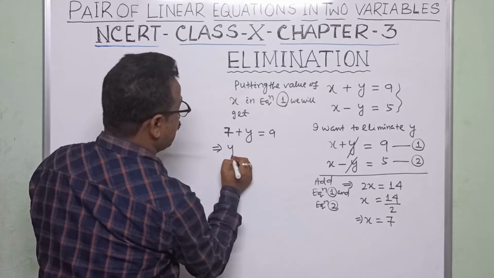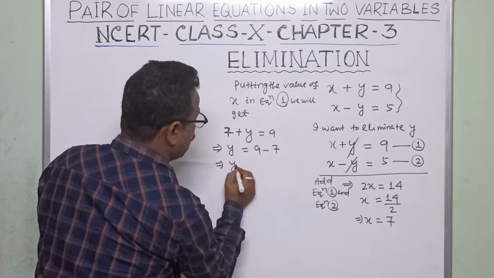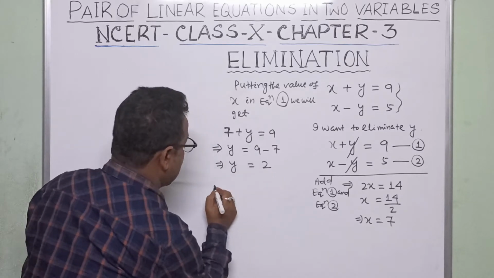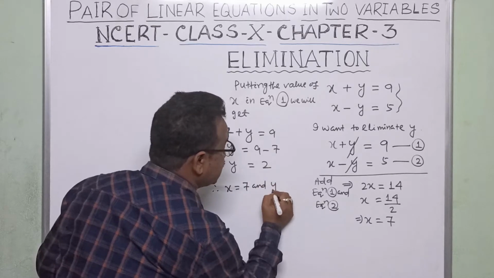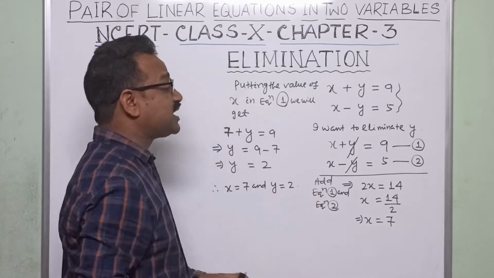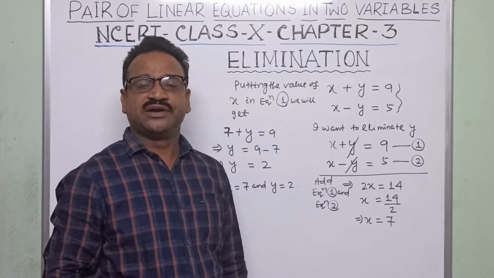That implies y is equal to 9 minus 7, that implies y is equal to 2. Therefore x is equal to 7 and y is equal to 2 is the required solution of this given pair of linear equations in two variables.